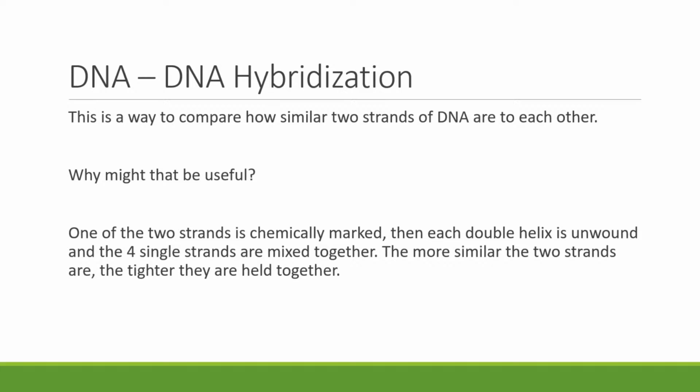If we want to see how similar two organisms are to each other, we take their DNA and we see if it lines up with the other. We look for similarities in the DNA, and the higher the percentage of similarities, the more likely the two strands of DNA come from related organisms or the same organism.